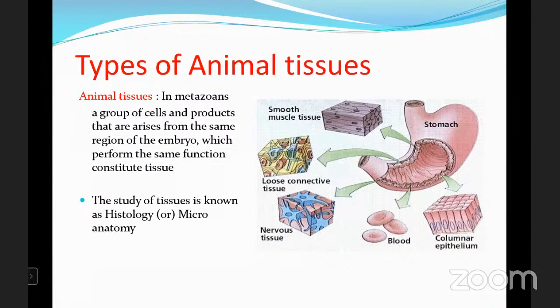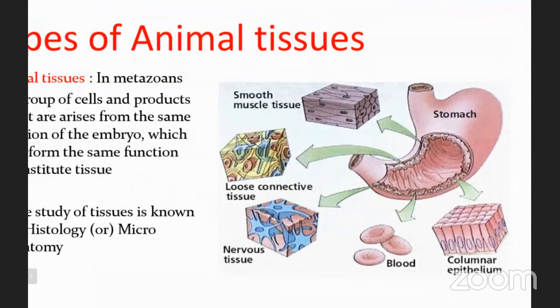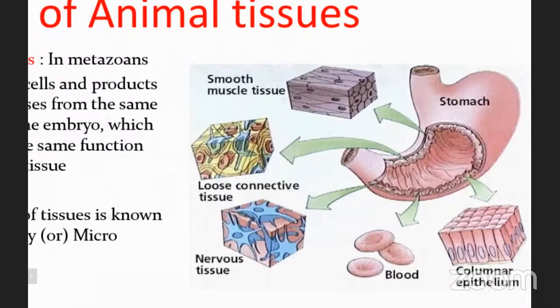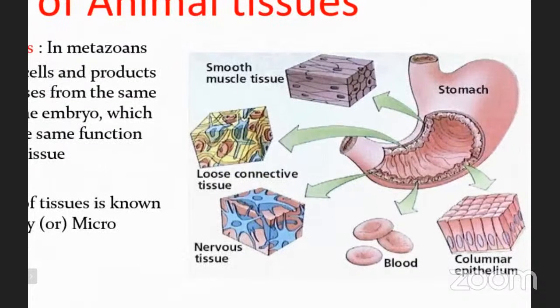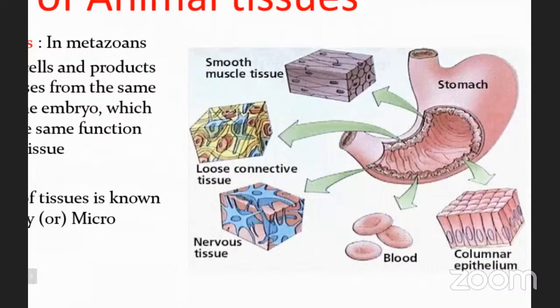So here in this picture, we are observing the different types of tissues like smooth muscle tissue, loose connective tissue, nervous tissue, blood, and columnar epithelium. So all these are the different types of tissues. So let us go for the detail.